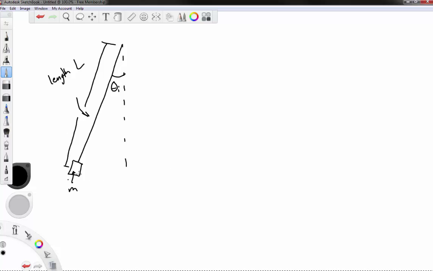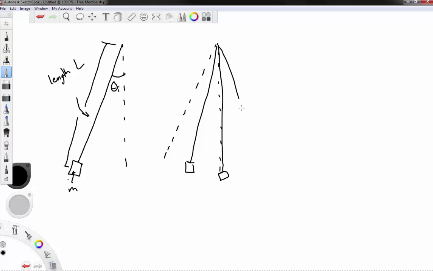So what will happen is when you've released it, over time the pendulum will begin swinging. So if initially you released it from this initial angle, after a little while it might be here, and then after a little while longer it'll be vertically like this, and then a little while longer it'll be hanging over here, and then eventually it hits a maximum displacement on this side.